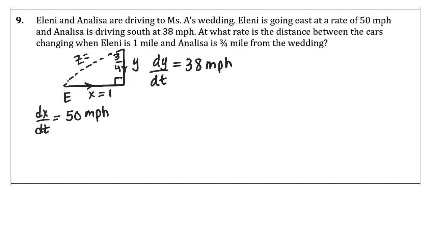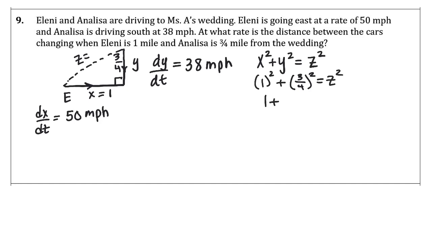So let's plug into our Pythagorean theorem. Remember that's x squared plus y squared, and in this case we're going to call that z squared. So we have 1 squared plus 3/4 squared equals our missing side squared.